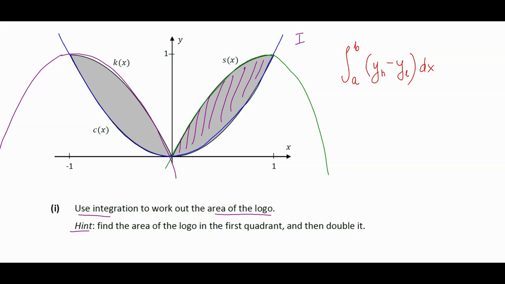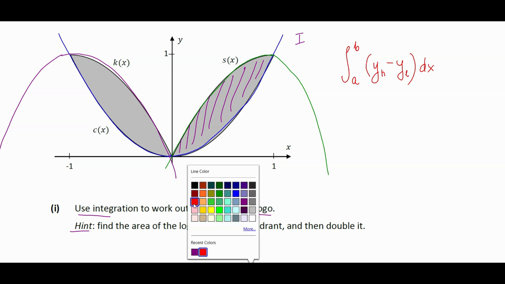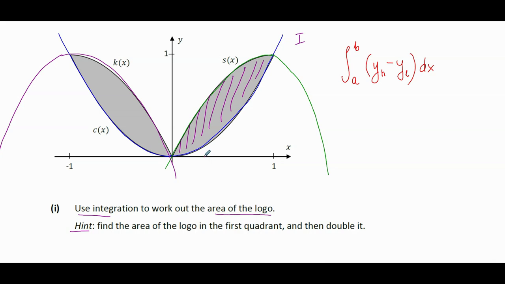So if I pick, let's pick red, for this value of x, the blue function will have this corresponding value of y, isn't it? And then for the green function, this one here will be the corresponding value of y.